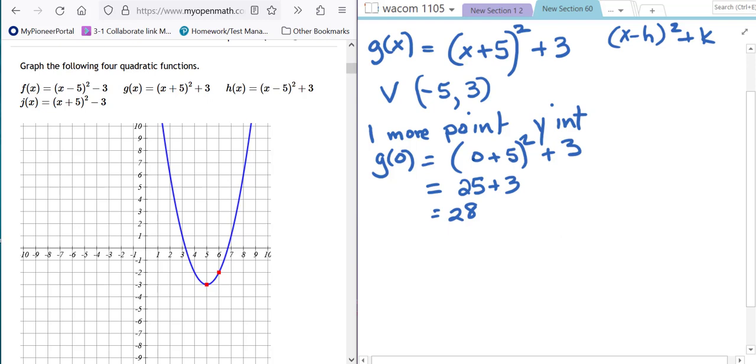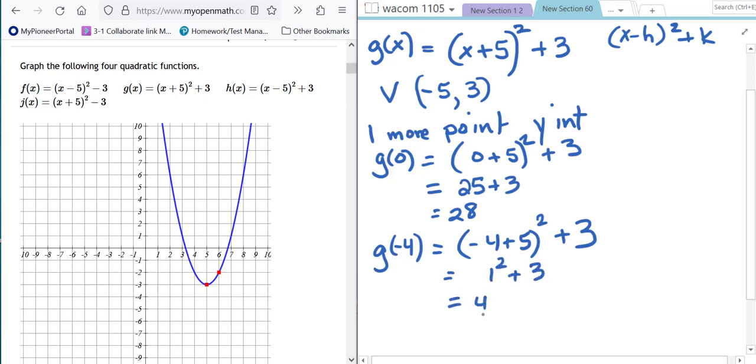So if I put a -4, so -4 plus 5 squared plus 3. And this won't be the y-intercept. This will just be a point. So you just want a point that makes it true. All right. So this will be 1 squared is 1 plus 3 is 4.